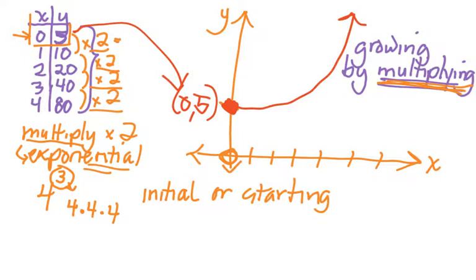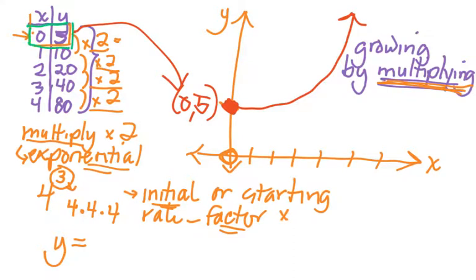We also need to know the rate, the factor with which it's growing. And a factor means I'm multiplying. So based on this scenario right now, I can say that y is equal to, what is my initial or starting value? It's right here.